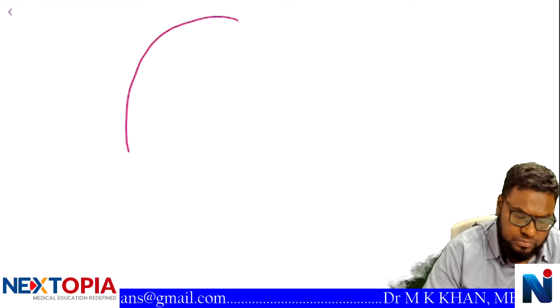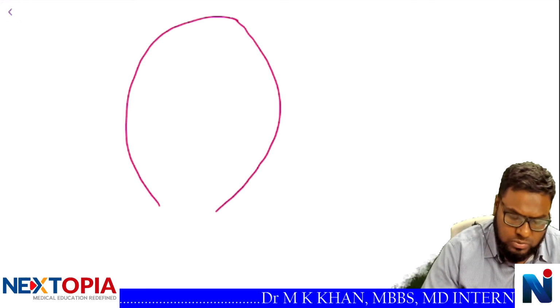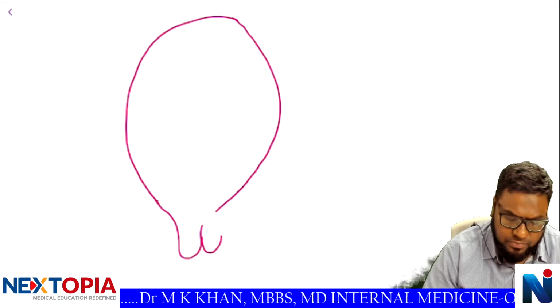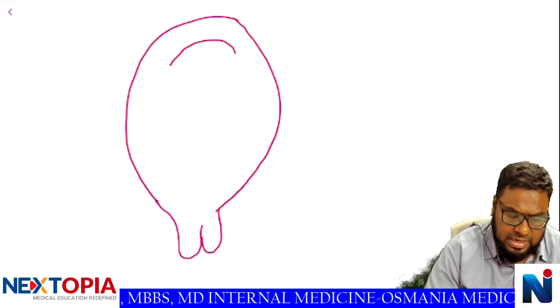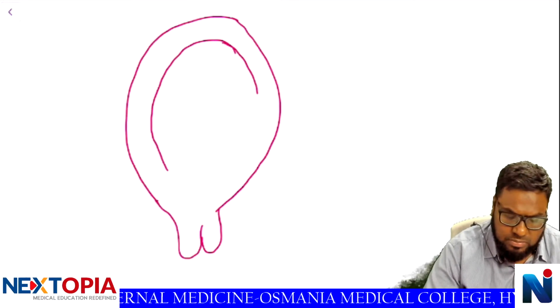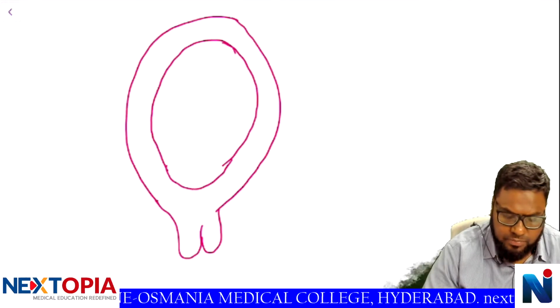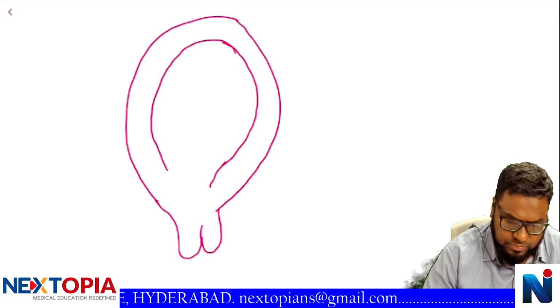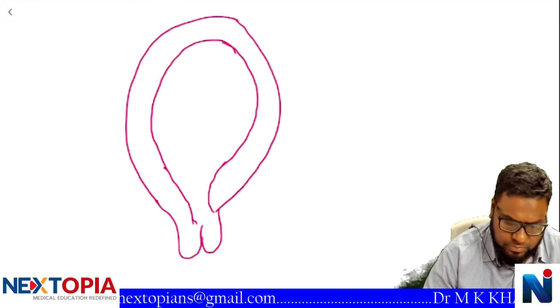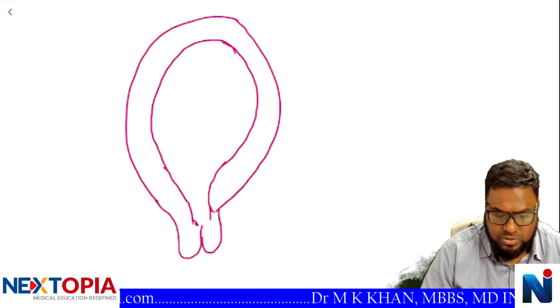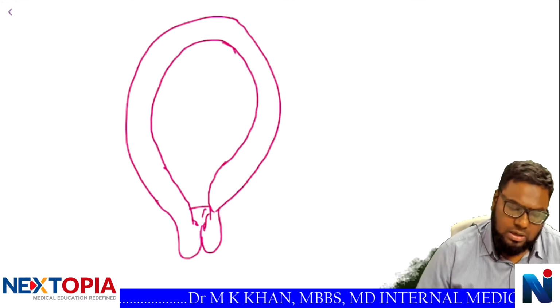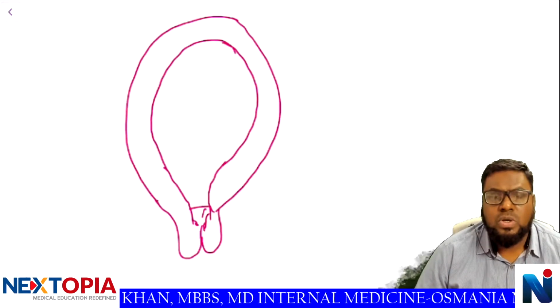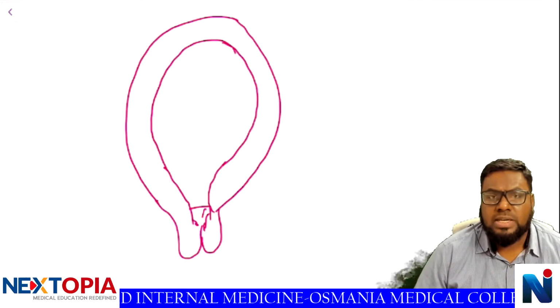So let us talk about the decidua now. This is the uterus. This is the inner layer of the uterus. The innermost layer of the uterus is called the endometrium.